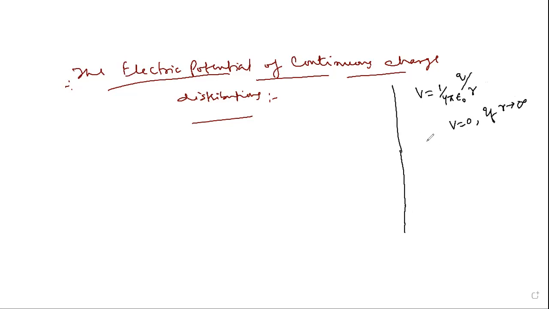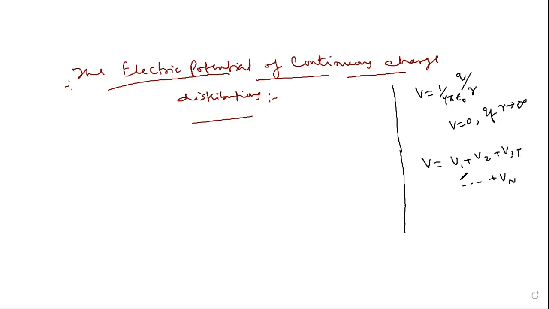Then if we have many point charges, we can use the superposition principle. Potential due to many point charges is V1 plus V2 plus V3 plus so on, there are n charges up to Vn. We use the superposition principle of field as well, but in case of potential it is easier to sum these numbers because potential is a scalar quantity, right?